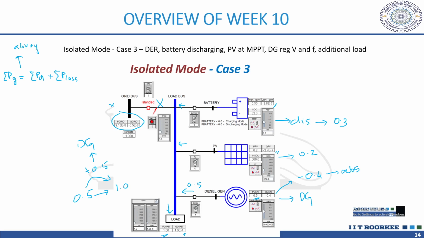Similarly, if we write for Q, summation of the Q generated is equal to the Q demand plus the Q loss. So is it always going to be satisfied? Anyone?